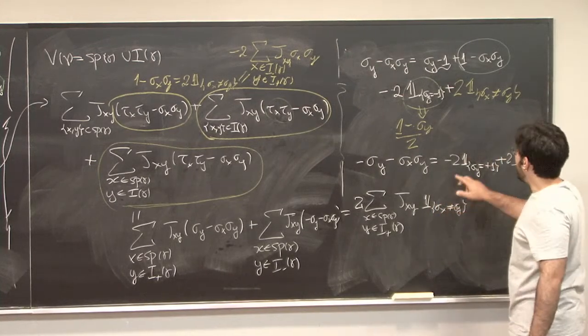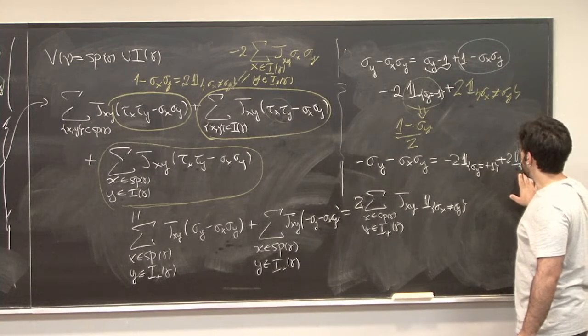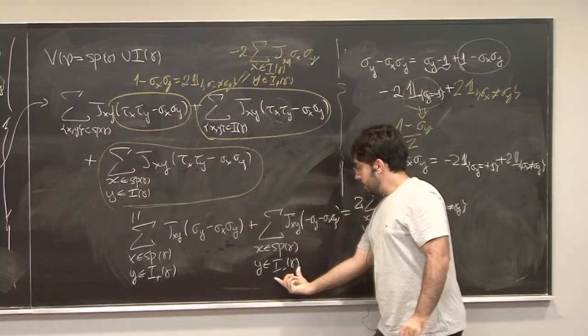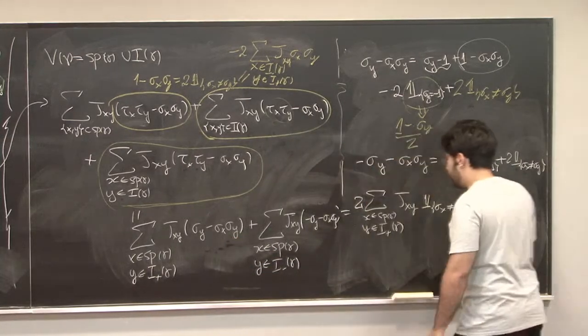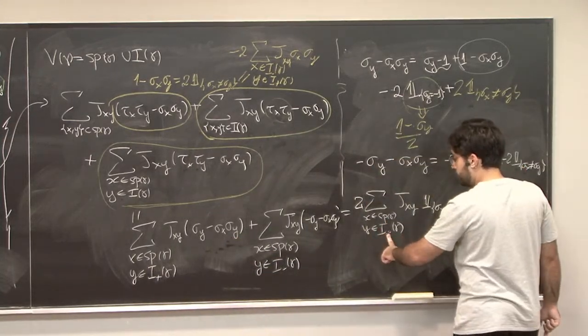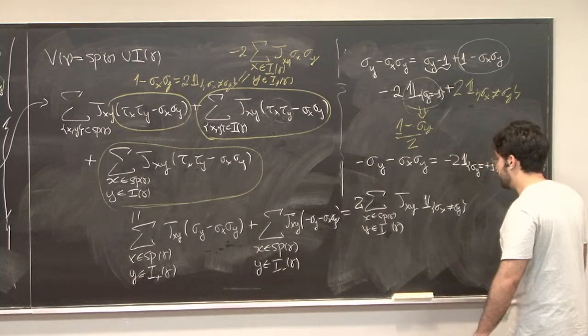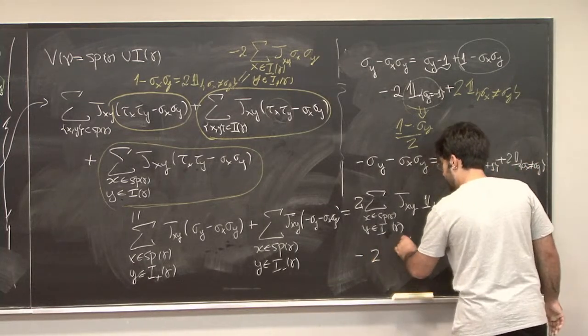But I have a term that depends on sigma x different from sigma y in these 2 terms, y in the minus interior and y in the plus interior, so I can write this just as the sum of y inside the interior of the contour, and then minus the remaining terms.